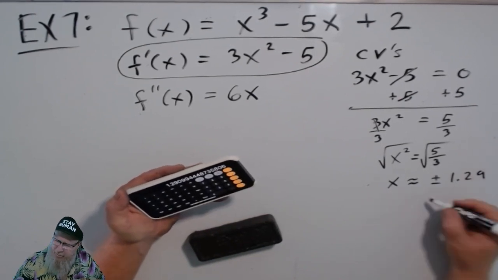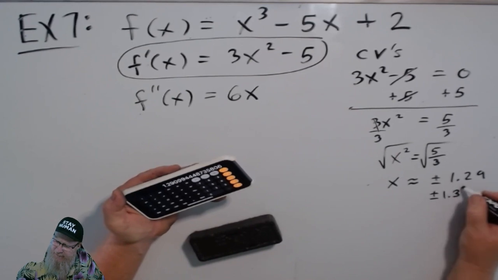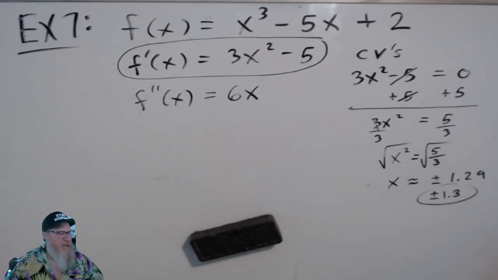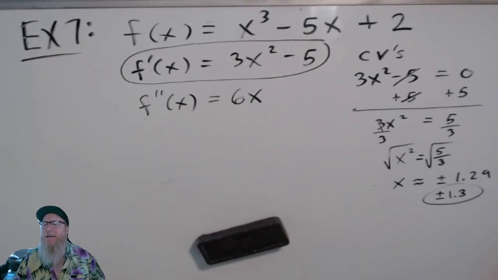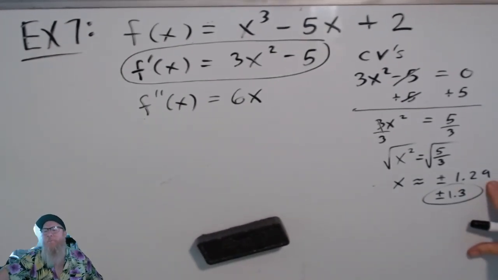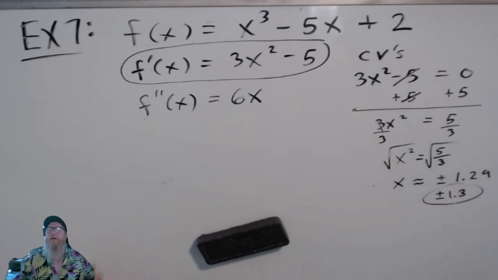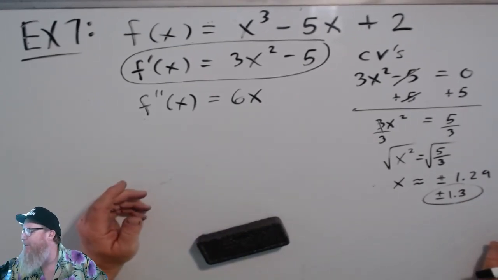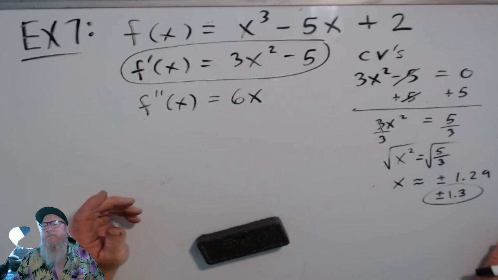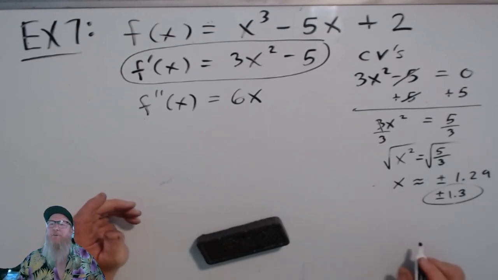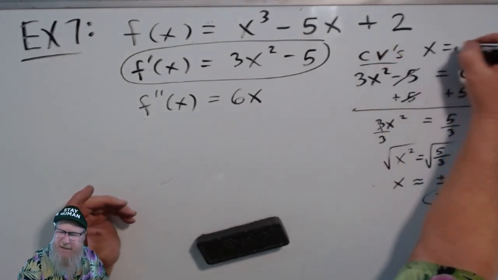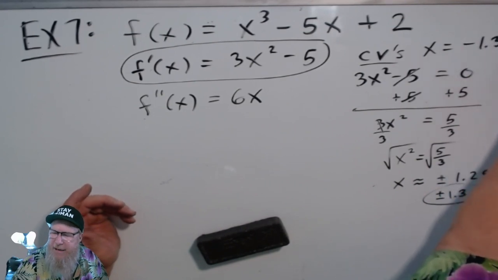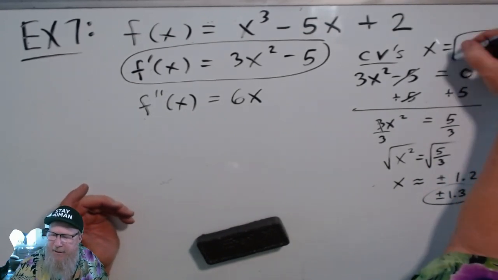Let's do 1.3. I know I change my tolerance depending on the problem because we're graphing. 1.29 and 1.3 are essentially the same thing, so it's not really going to matter that much. I will tell you what to round to if you have to round. All right, so there's my CVs. X equals negative 1.3 and positive 1.3.